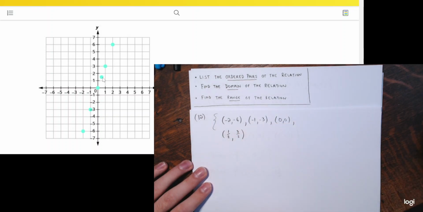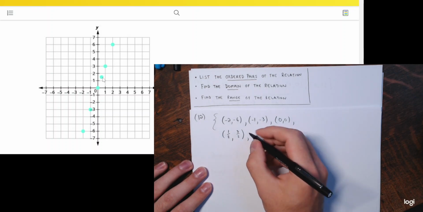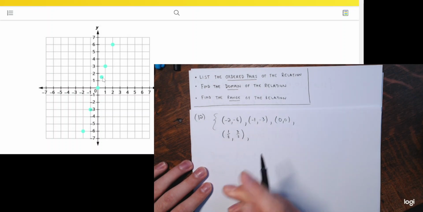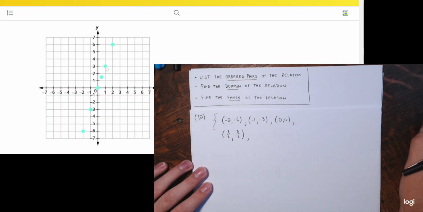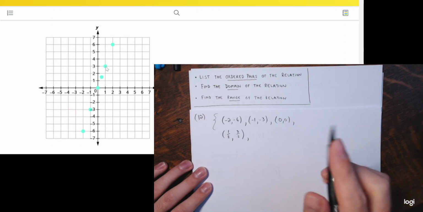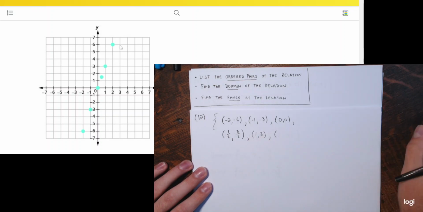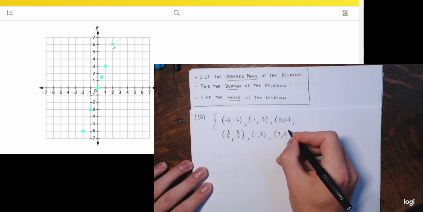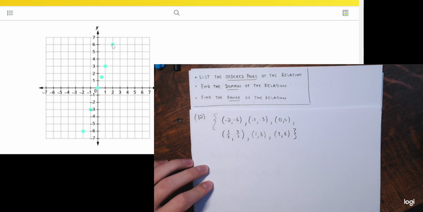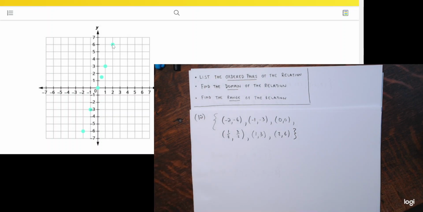If you want to write a mixed number, or 1.5 if you like decimals, that's fine too. But 1/2 for the x, 3/2 or 1.5 for the y. Then this point is 1, 3. And this point here, final point, is 2, 6. So there you go. There are the 6 ordered pairs for that relation.